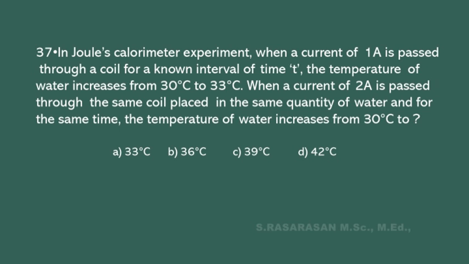When a current of 2 ampere is passed through the same coil, meaning same resistance, placed in the same quantity of water, meaning the thermal capacity, the heat capacity, water equivalent W is constant, and for the same time, the temperature of water increases from 30 degrees Celsius to dash.